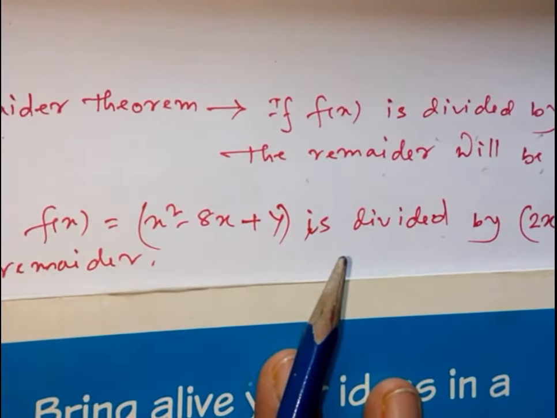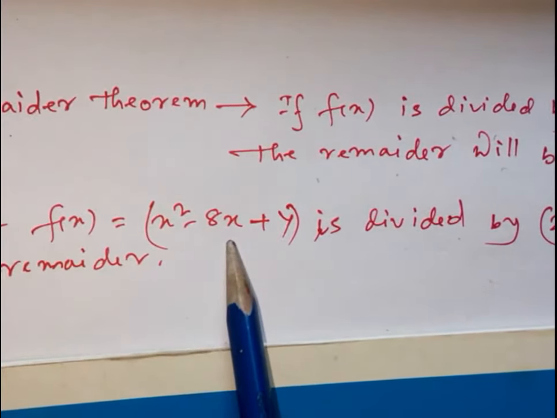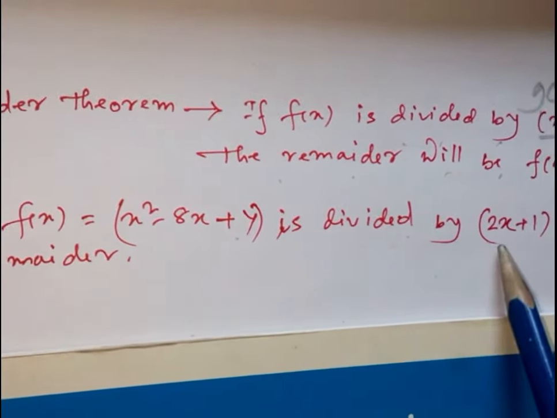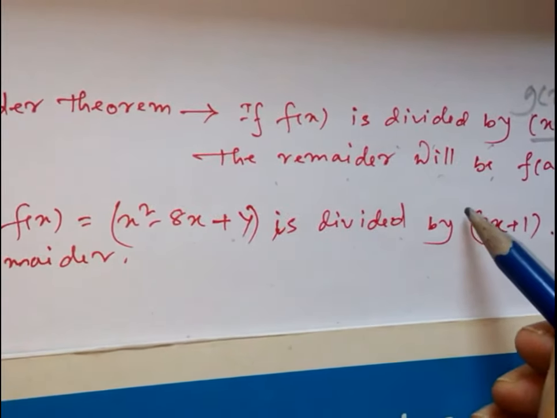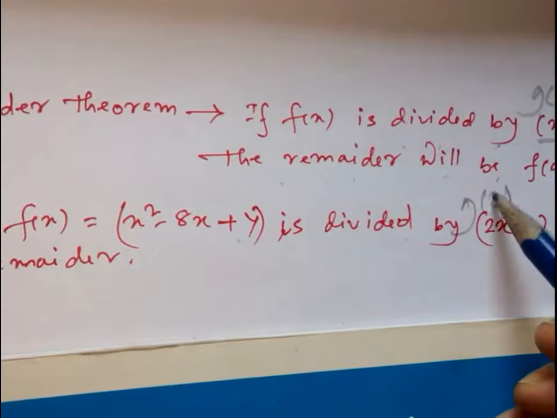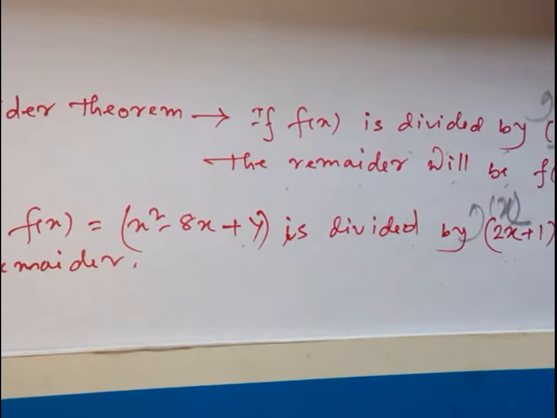Let's see. Suppose here f of x is equal to x square minus 8x plus 4, divided by 2x plus 1, that is g of x. Find the remainder. So how will you do it?